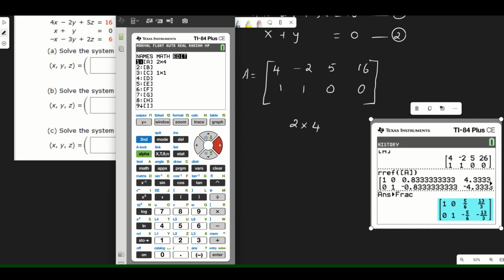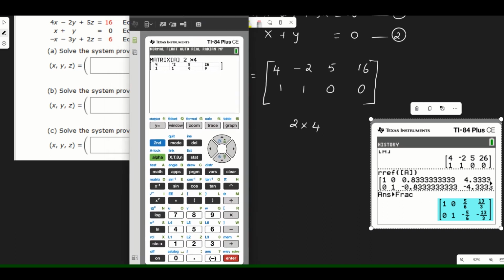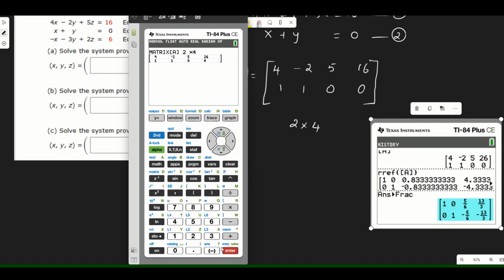Let me edit this first matrix. It is a 2 by 4 matrix. So I have edited that 2 by 4 matrix: 4, negative 2, 5, 16, and the second row is 1, 1, 0, 0.